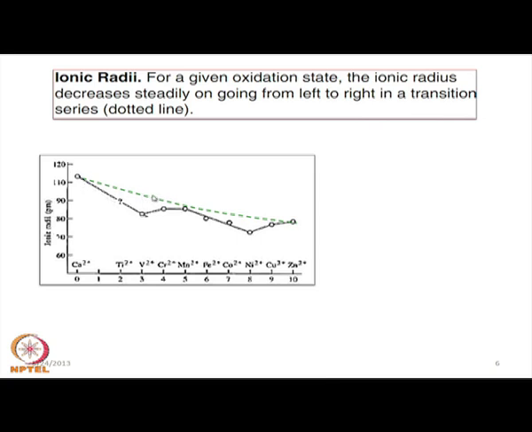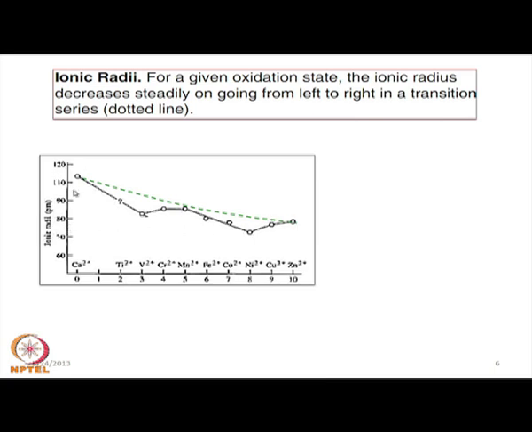If there is no contribution from the d electron occupancy, we will have a monotonic decrease from calcium to zinc as the nuclear charge is increasing, which is squeezing the size, and we are having ionic radii from 113 or 114 picometer to almost 80 picometer.